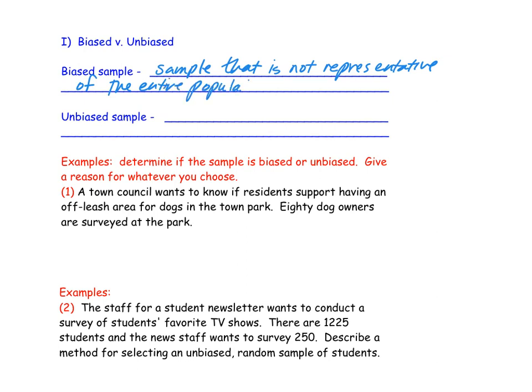So if you're going to make conclusions about a population, you want an unbiased sample so that you can make the most valid conclusion. An unbiased sample is a sample that does represent the population that you're trying to make inferences about.